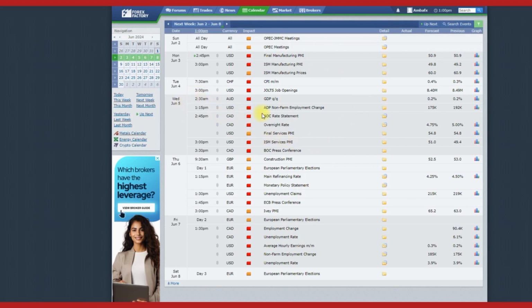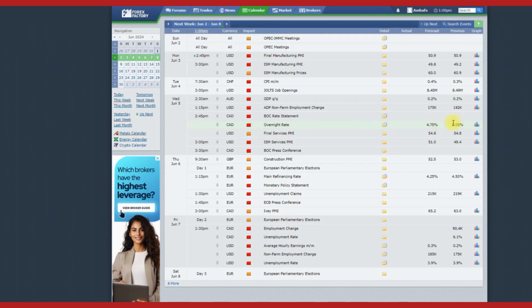You see, on Wednesday we have the US dollar ADP non-farm employment, that is from the private sector, and then we have the BOC rate statement and the overnight rate, that is the Bank of Canada interest rate report. They are looking to cut the interest rate for the first time in 2024.